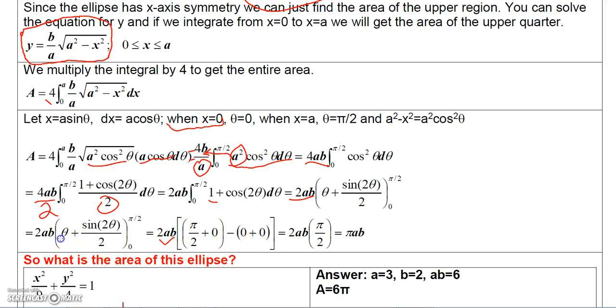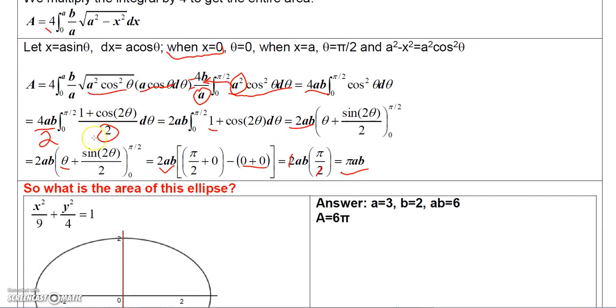If I evaluate this at 0, I get 0. And if I evaluate this at 0, I get sine of 0 over 2, so I get 0. So when I evaluate it at 0, I just get 0 plus 0. So finally, I get pi over 2 plus 0 minus 0, which is just pi over 2, and then multiply by 2ab. And so 2ab times pi over 2, the 2's will cancel, and then I get just ab pi, or pi times ab.